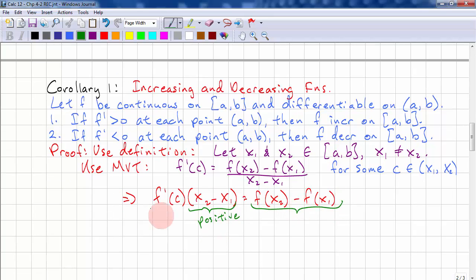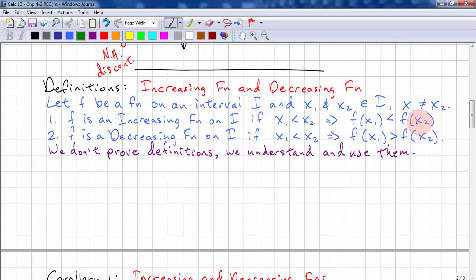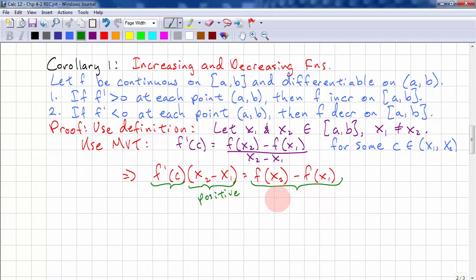Let's look at f of x2 minus f of x1. This is bigger than this. So this is going to be positive, and it's increasing. So if this is increasing, this must be greater than 0. So 1 is true.